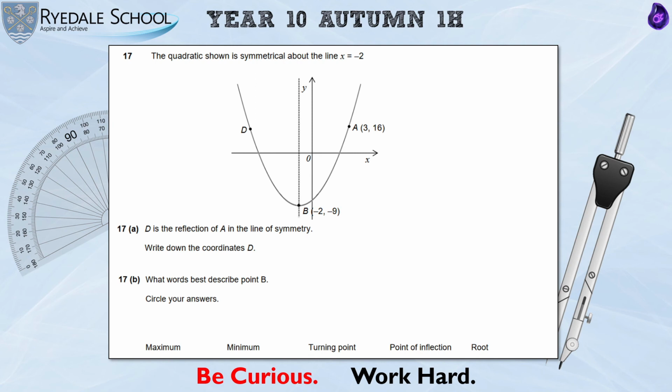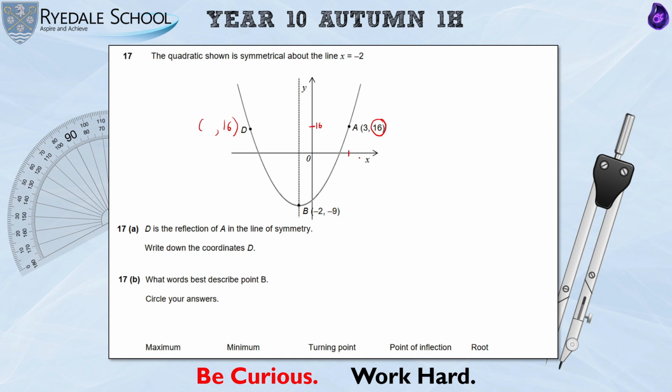Write down the coordinates of D. Now, if you think about it, D must go along the x-axis so far and up the y-axis so far, but the y-axis value must be exactly the same. Because of the symmetry, it is the same distance up the y-axis, so that must be 16. So in this coordinate, it is also 16.